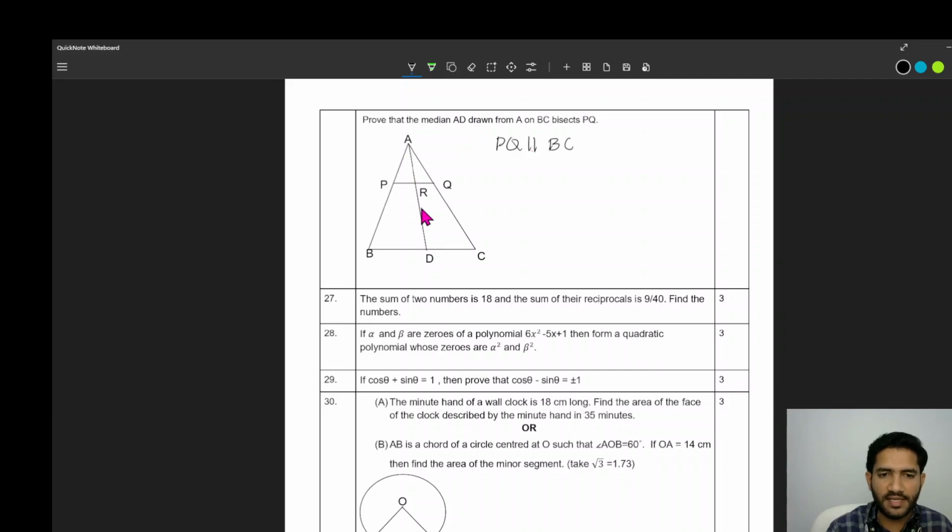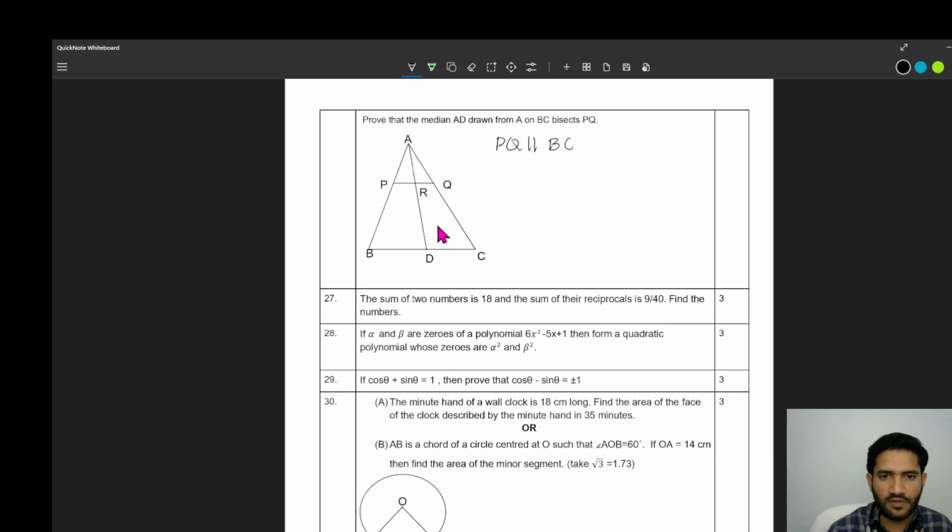Prove that the median AD, the median from A on BC, bisects PQ. We want to show that this median AD will bisect PQ. So we want to show that PR equal to QR.